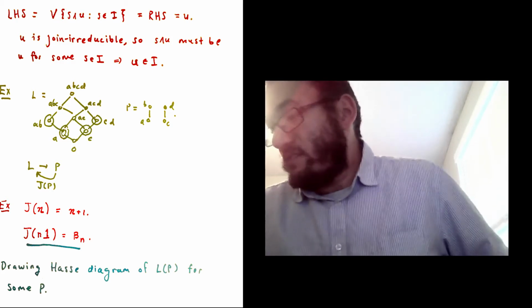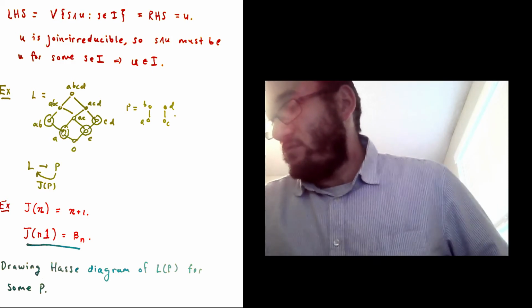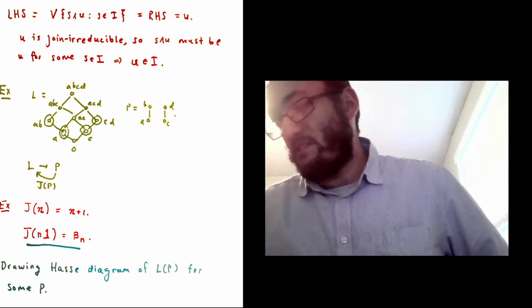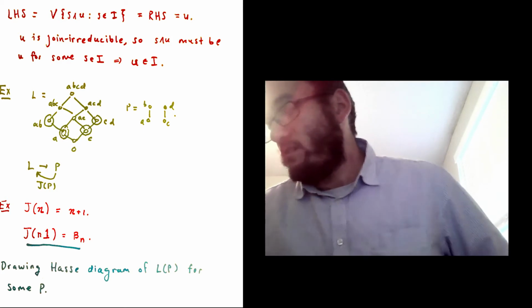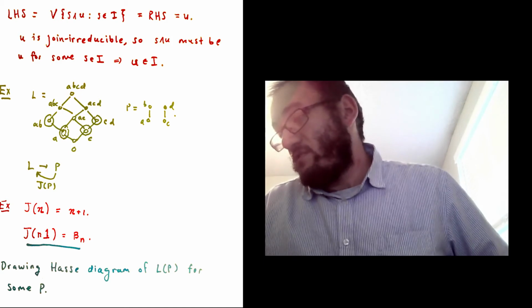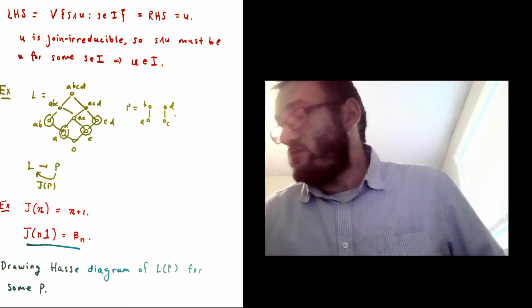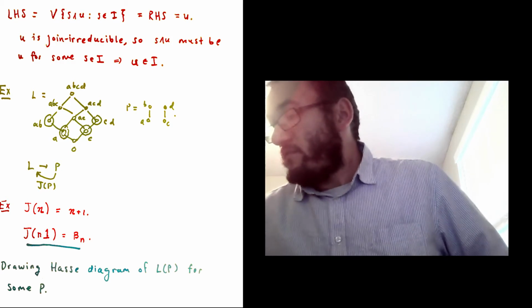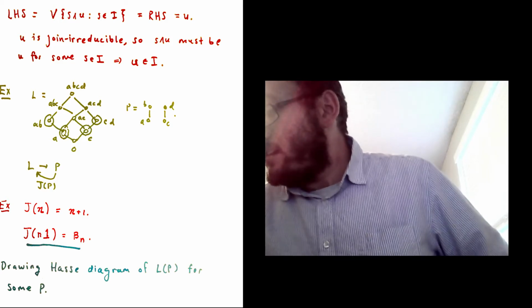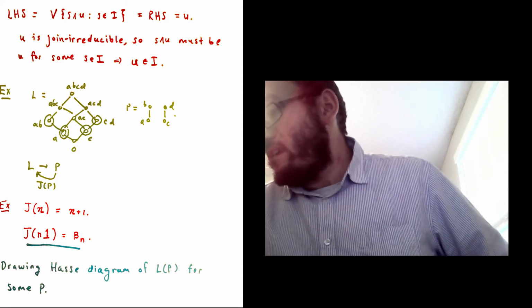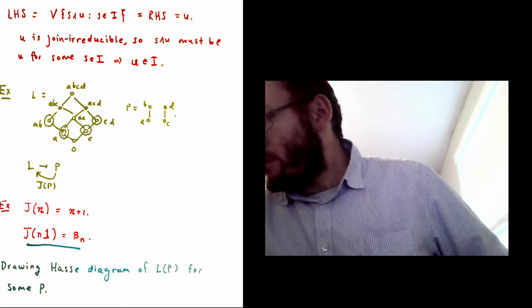Okay, so 0 is excluded from that. So this element is join irreducible, as is this. It's not the join of anything. This and this are also join irreducible. This is the join of these two, this is the join of these two, this is the join of these two, and this is the join of these two. So these are enough. So extracting that poset, I'll get that this is the lattice of order ideals of two chains. Okay?